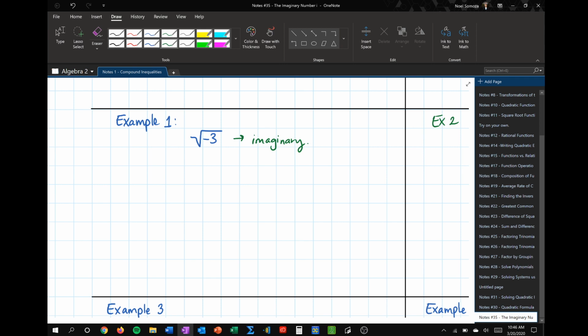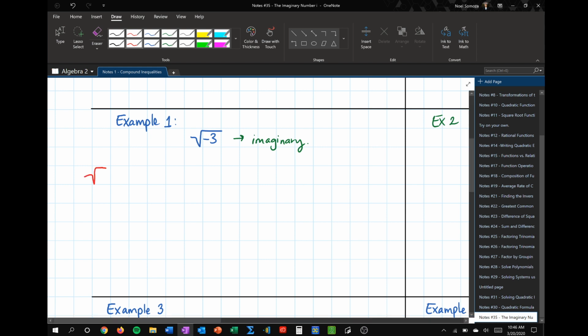Okay, so here let me talk a little bit about a property of radicals that's going to help us break some of this up. There's a property of radicals that says that the square root of a product, such as A times B, can also be written as the product of the square root of A times the square root of B. Okay, it works both ways.